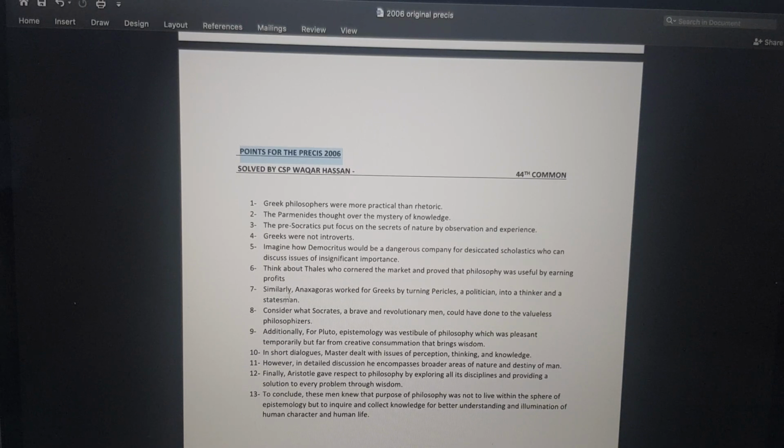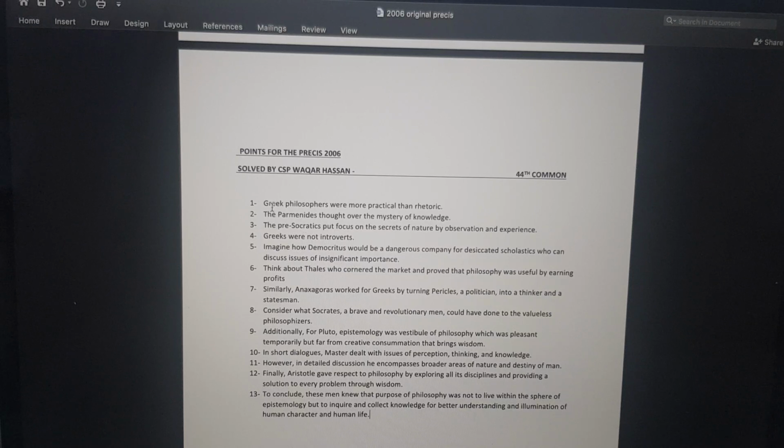You have to write all the important points in sequence on the first page of the answer sheet. So here we have written 13 points of the passage, and you have to number all of these points in sequence, 1, 2, 3. Remember one rule that you must not disturb the sequence of the passage.